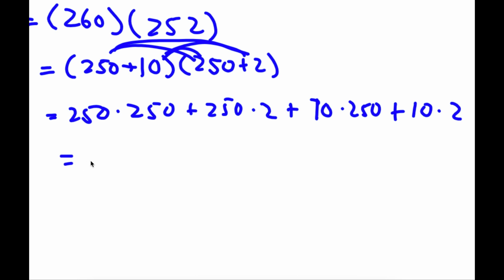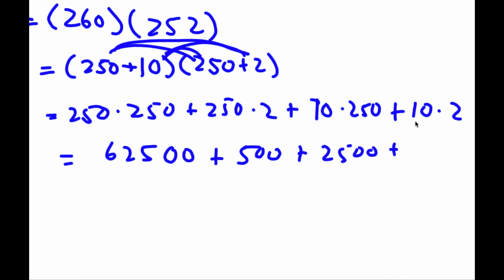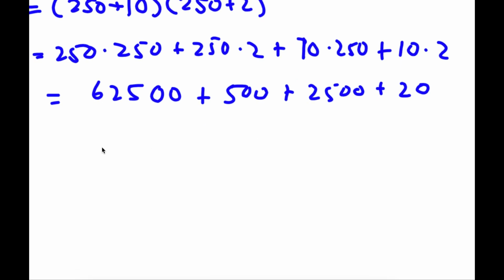Now this is equal to 250 times 250, well, 25 times 25 is 625, so then we just add in these two extra zeros. Now 250 times 2 is 500. 10 times 250, that's 2500. And finally 10 times 2 is 20.